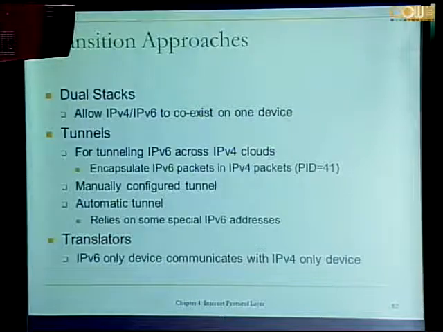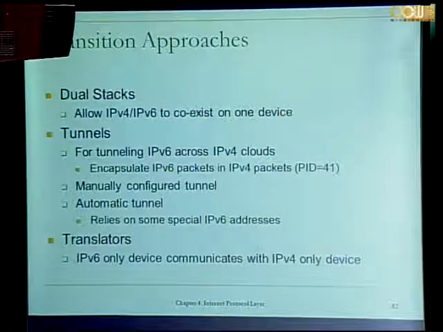One is called dual stack, meaning you will try to make more hosts and more routers IPv4 and v6 capable, meaning that they can recognize, receive, and also transmit both IPv4 and v6 packets. If they can do that, then the coexistence will be easier. So they can process either v4 or v6 packets.